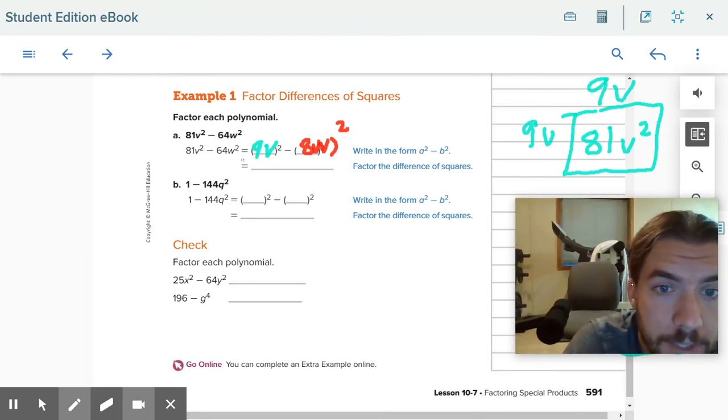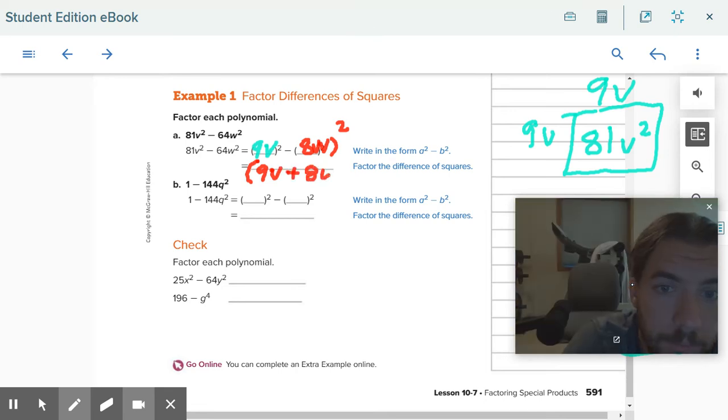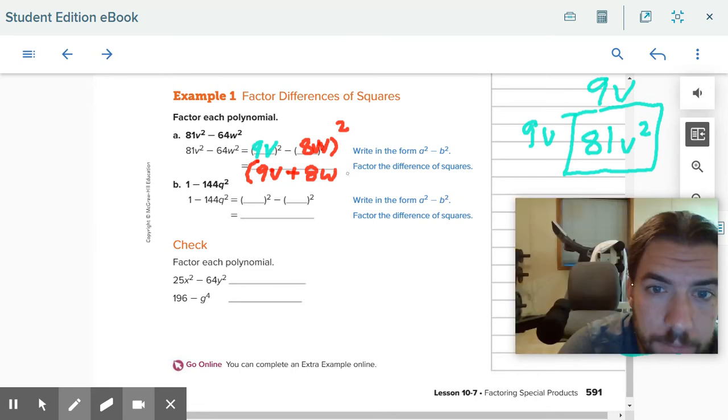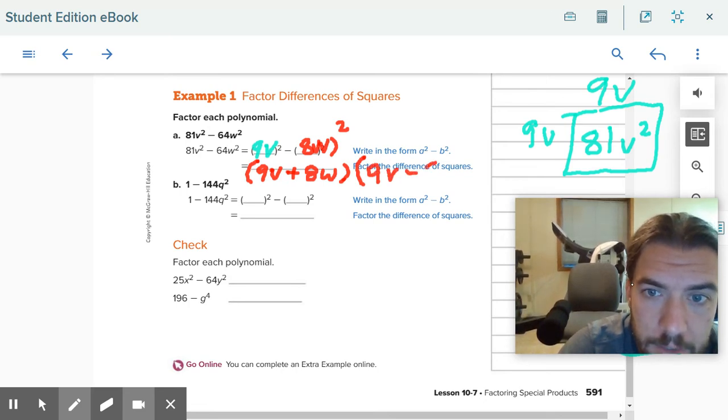So a plus b would be 9v plus 8w. And a minus b would be 9v minus 8w.